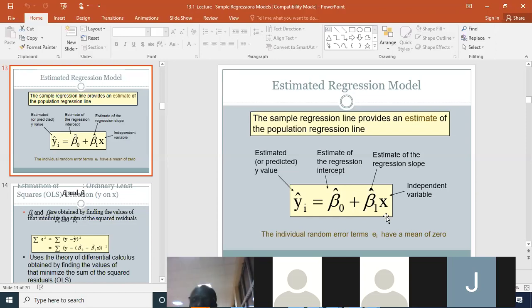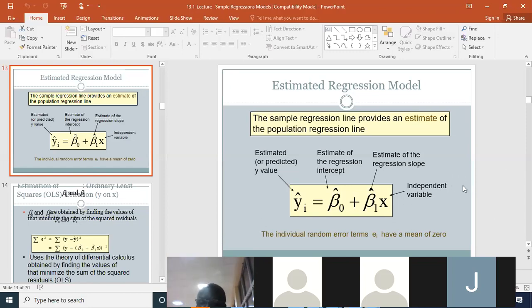Two. So I need two equations to find beta naught and beta 1 for y on x, or alpha naught cap and alpha 1 cap for x on y. Whatever symbol you use, the procedure is what is relevant.